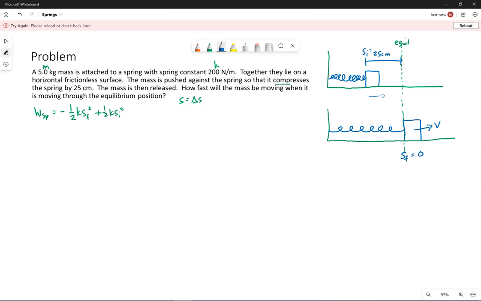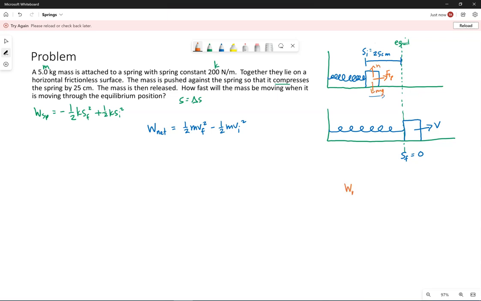Okay. To relate this to the speed, we want to go ahead and say the net work done on this system is equal to the change in kinetic energy of the system. So 1/2 mv final squared is the final kinetic energy, and then minus the initial kinetic energy. Now, as this mass moves, it of course has the force of the spring acting on it. So force of the spring, there's a normal force up, force of gravity down.